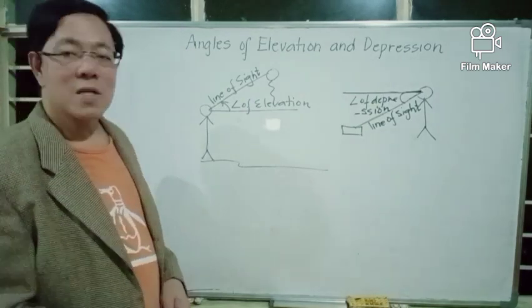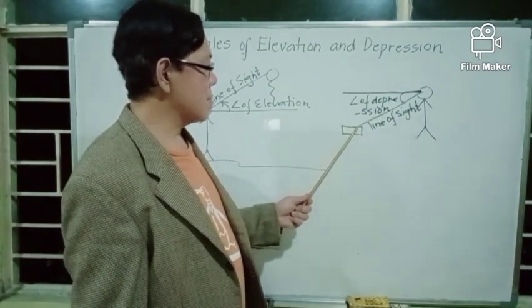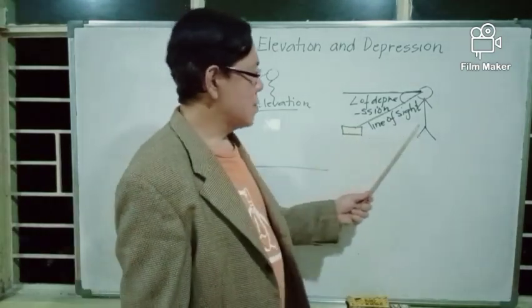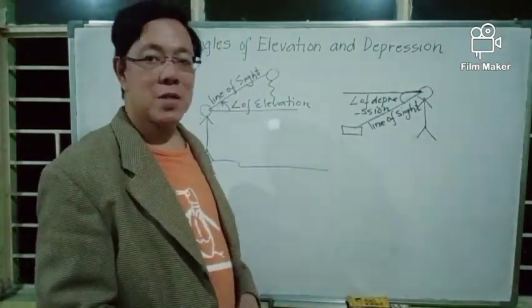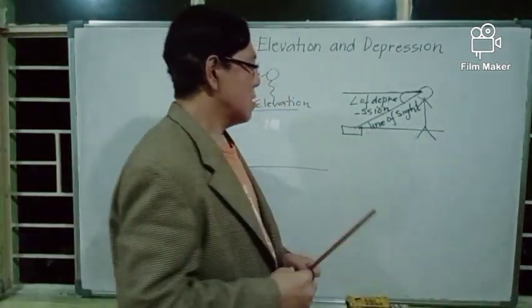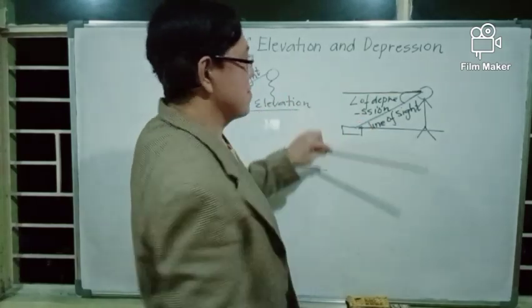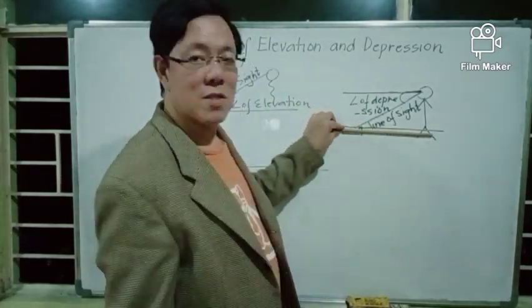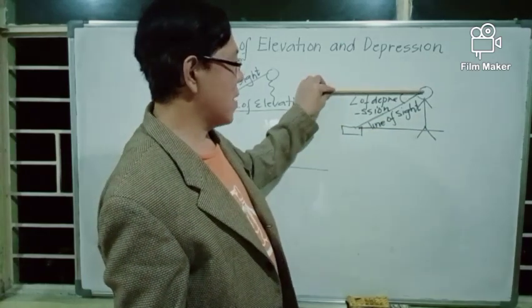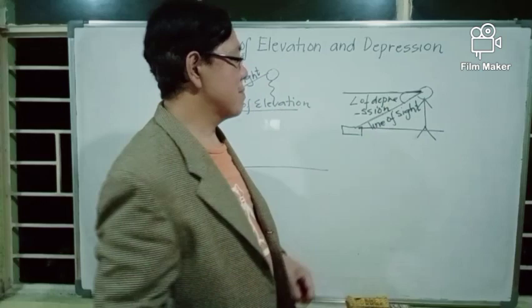Now, if we construct a line from this object straight to the observer, you can see that this line and this line are parallel. This is the horizontal surface and this line is parallel with the horizontal surface. Hence, these lines are parallel.